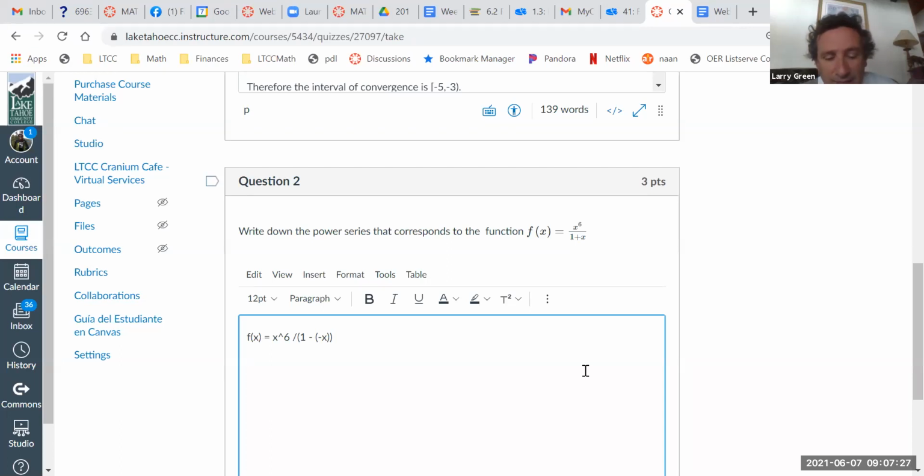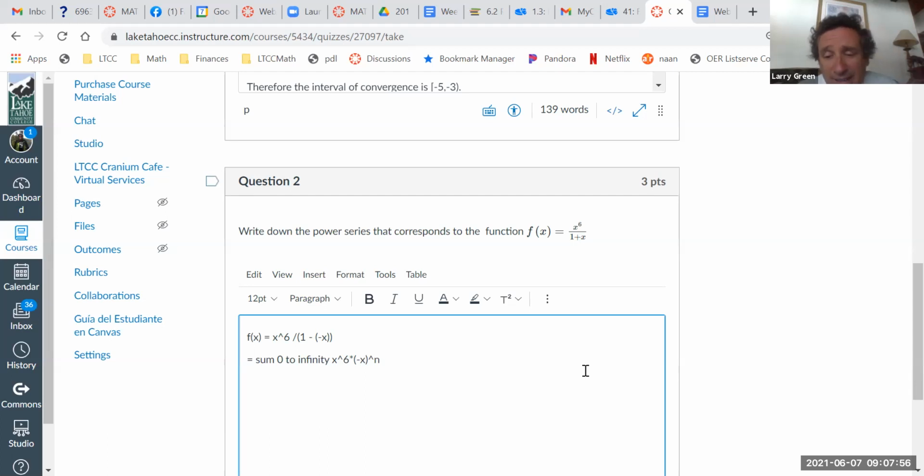So we can write this as a summation, I'll just write sum, going from 0 to infinity of, and now we're going to have a, which is x to the 6th, times a negative x to the n.